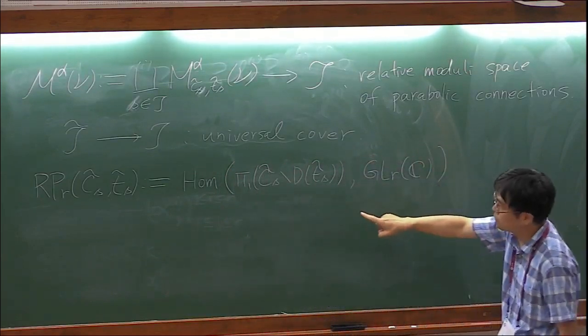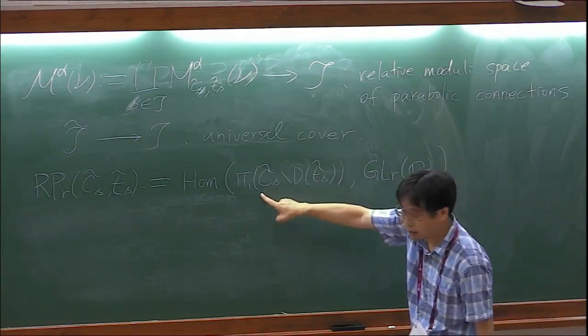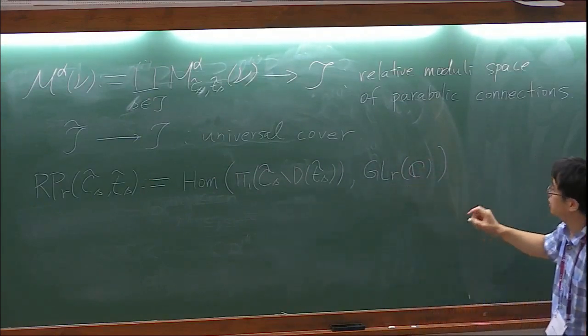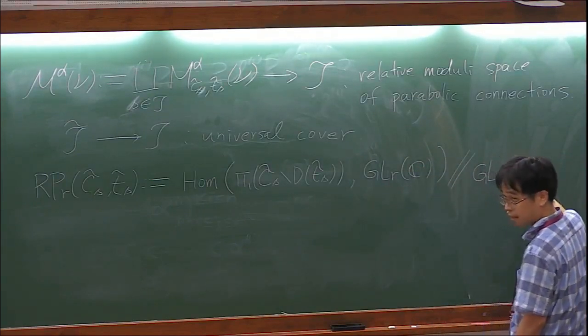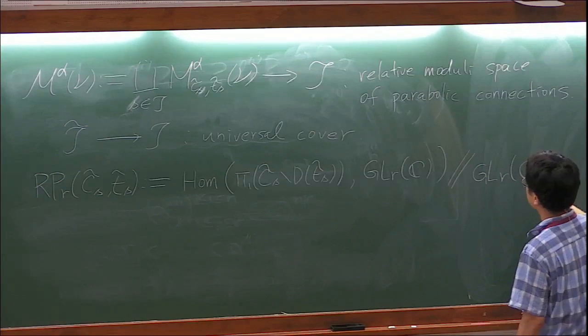This is the space of homomorphisms of the fundamental group to GL(r, C), divided by the adjoint action by GL(r, C).